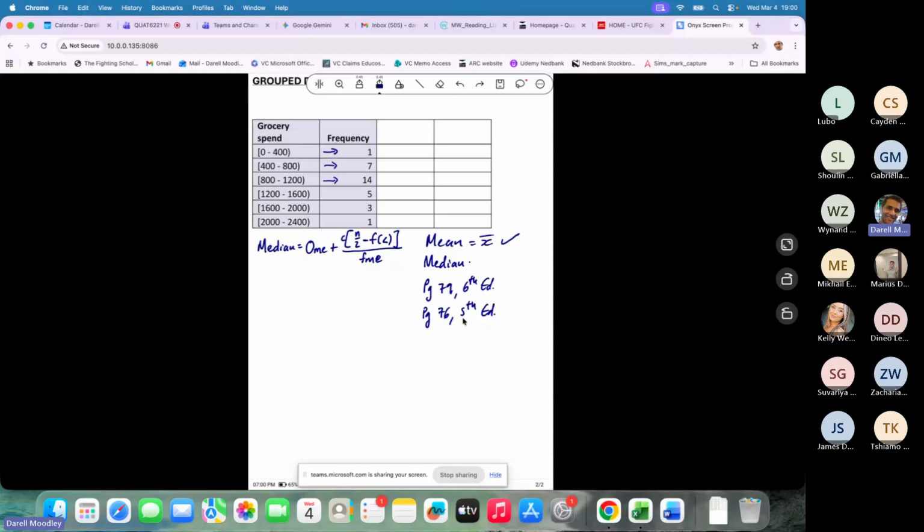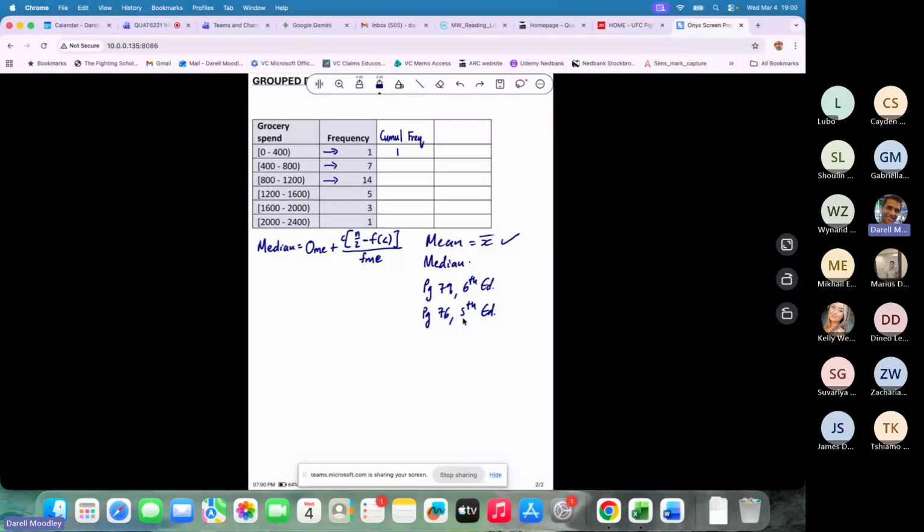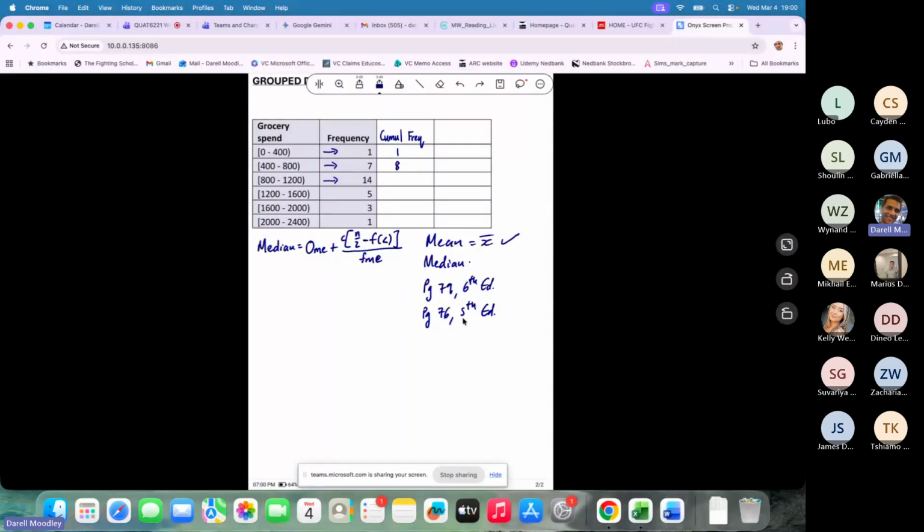So I'm going to have a cumulative column here. This is your cumulative frequency column, and I'm just going to add the numbers as we go down. So 1 plus 7 is 8. Then 1 plus 7 plus 14 is 22. Then 22 plus 5 is 27.